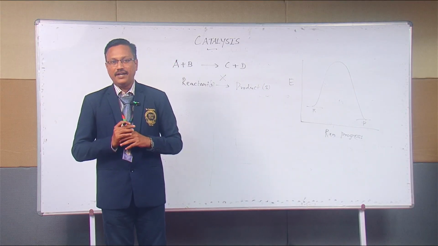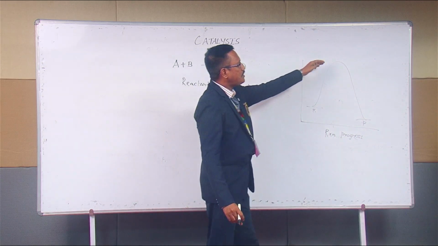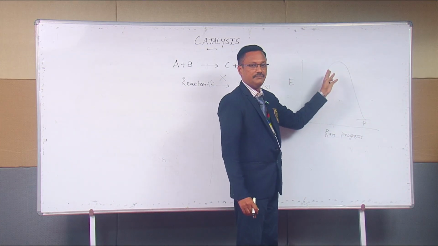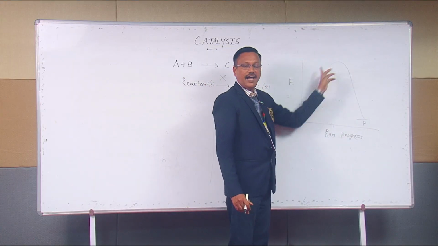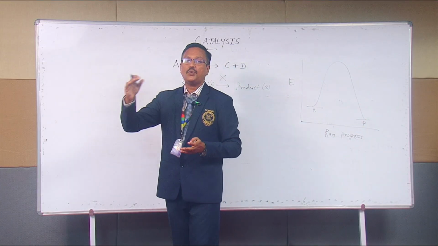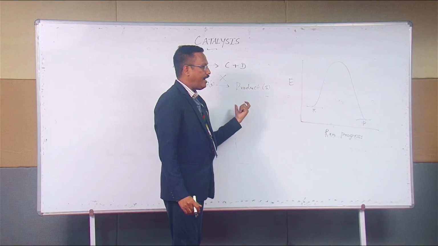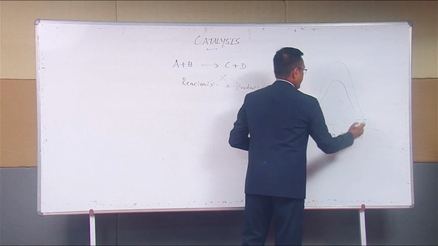What is the actual mechanism? When you are using the catalyst, it will reduce the energy barrier. This is known as the activation energy or the energy barrier. See, without catalyst, the energy barrier, the activation energy, is very high. It requires more time to cross over, to surmount this energy barrier. When we are using a catalyst, it reduces the energy barrier.